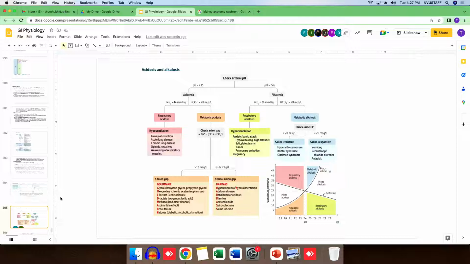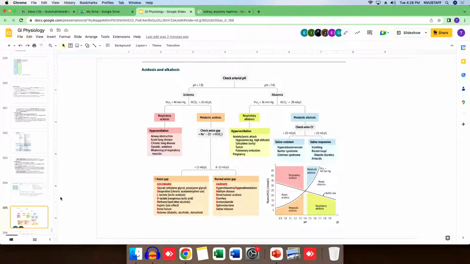We have alkalemia when the pH level is high, more than 7.4. In this case, we also check either the partial pressure of CO2 or bicarbonate. If the partial pressure of CO2 is less than 36, it means we have respiratory alkalosis, with some kind of hyperventilation, meaning more breathing.